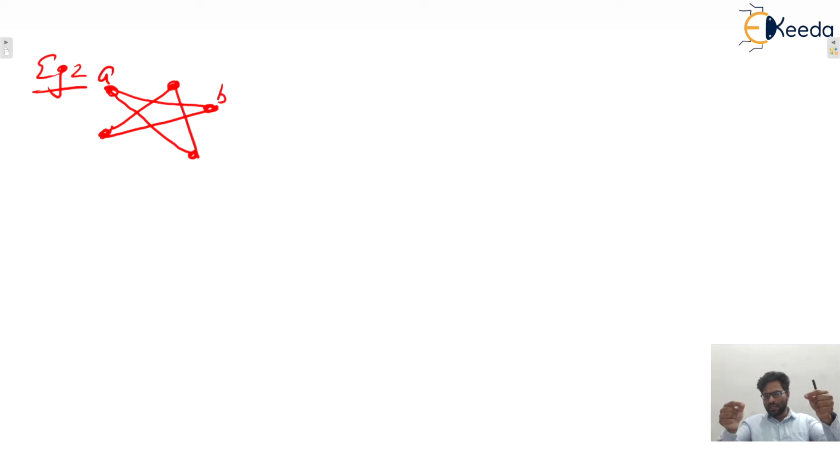Just pick A comma B and put it at the lower place. Then just rotate one time. Then can you tell me whether this structure will be obtained or not?